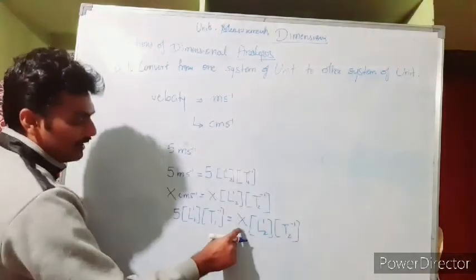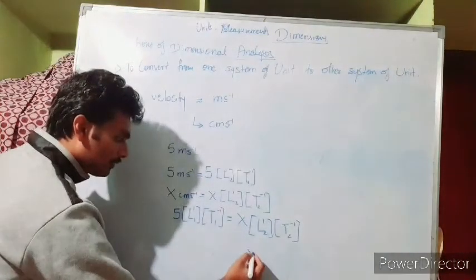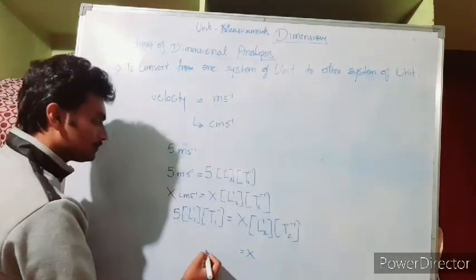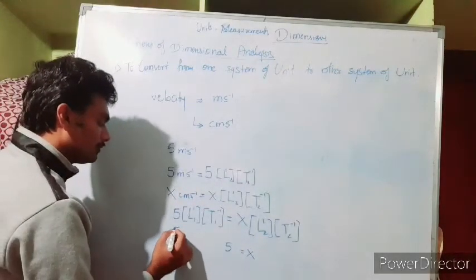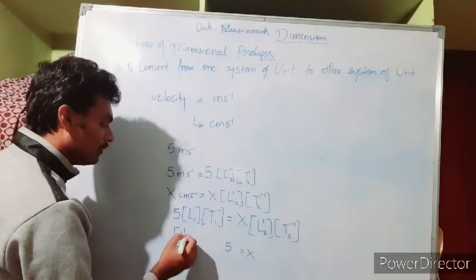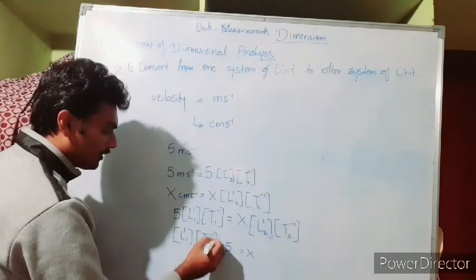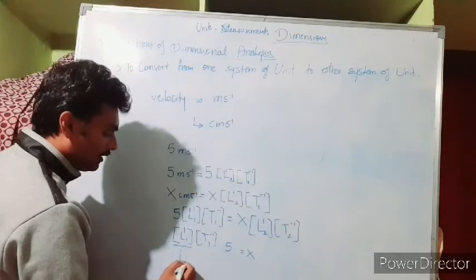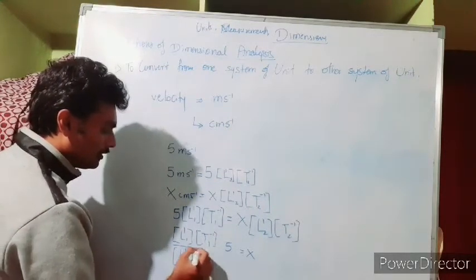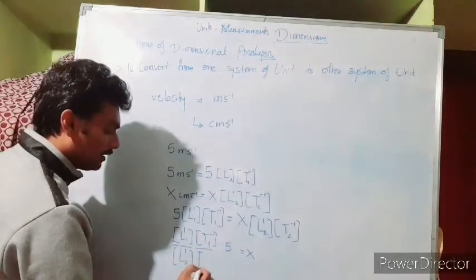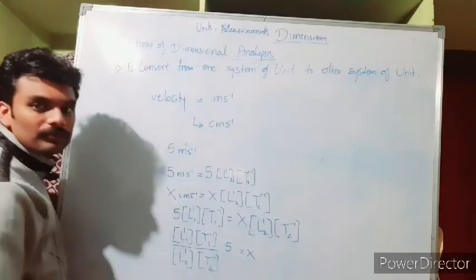What we need is the value of x, right? So x becomes equal to 5 times L1 to the power 1, T1 to the power minus 1, divided by L2 to the power 1 and T2 to the power minus 1 in the denominator.